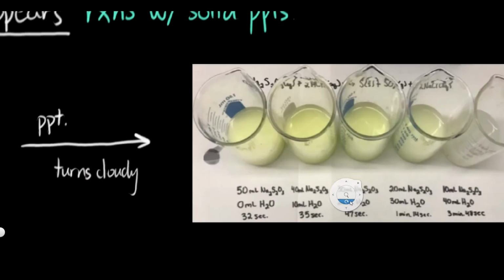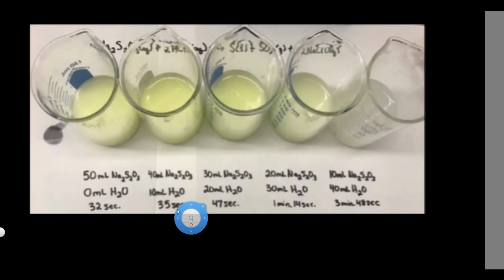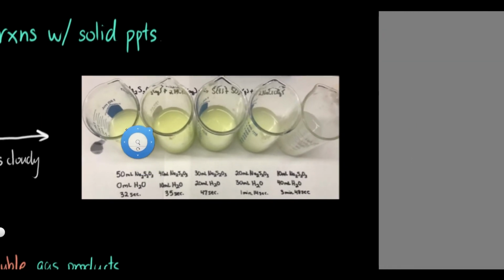Here you can read it takes 32 seconds, 35 seconds, 47 seconds, 1 minute and 14 seconds, and 3 minutes and 48 seconds, and it's still not really so yellow, because yellow is the color of the sulfur precipitate that is generated.